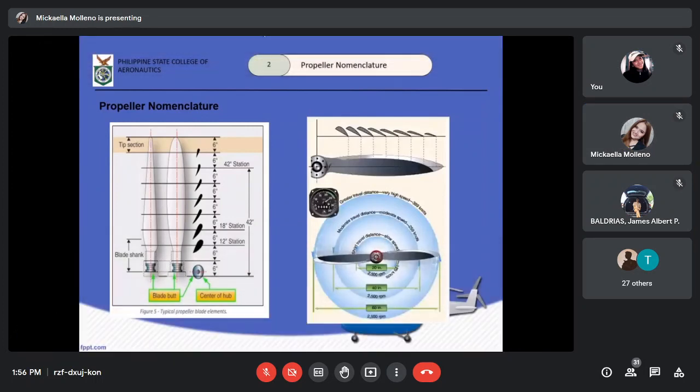A blade station is a reference position on a propeller blade that is measured from, take note ha, the center of the hub. So this is important lalo na kapag magde-design na kayo ng propeller. As you may see, nagva-vary yung shape ng airfoil together with the blade angle as we go through the route to the tip.